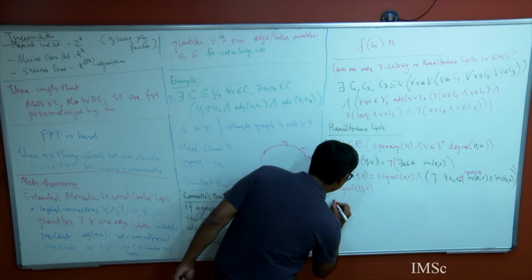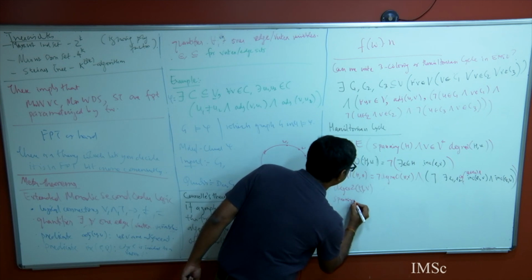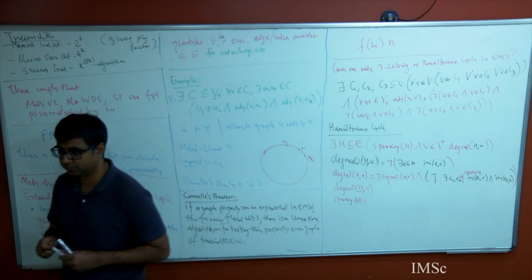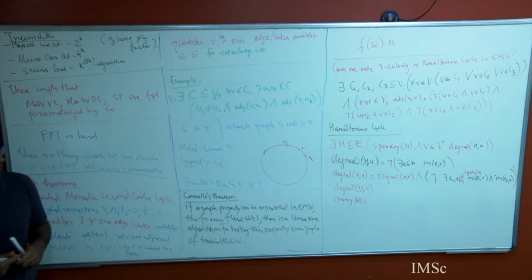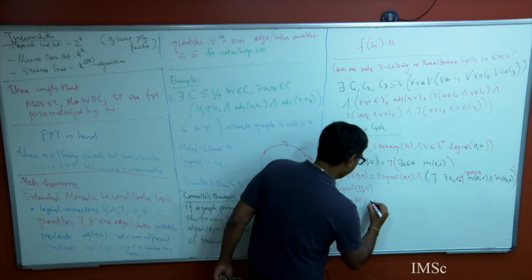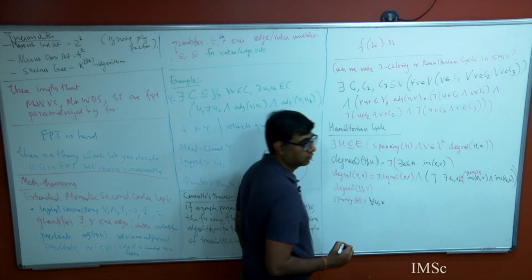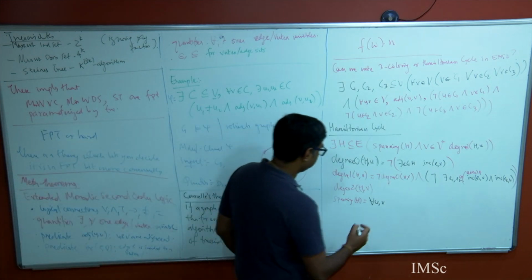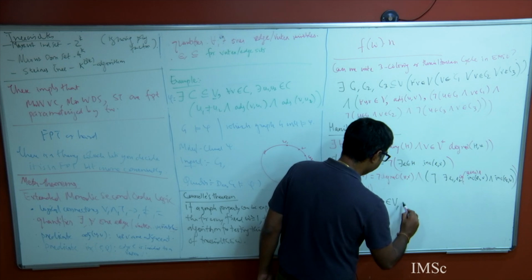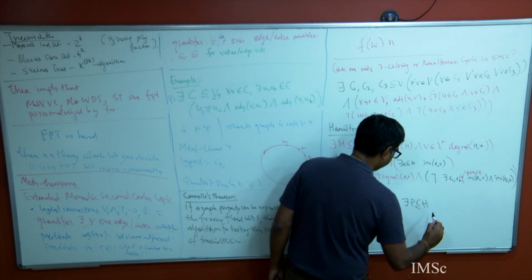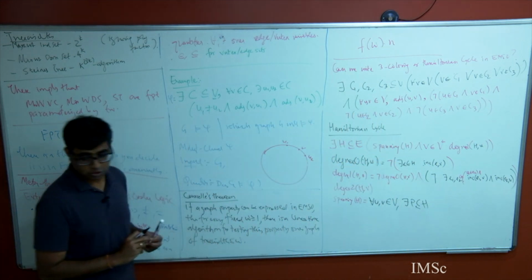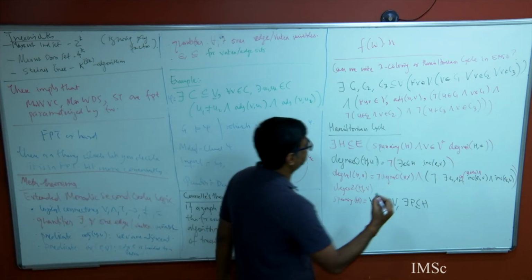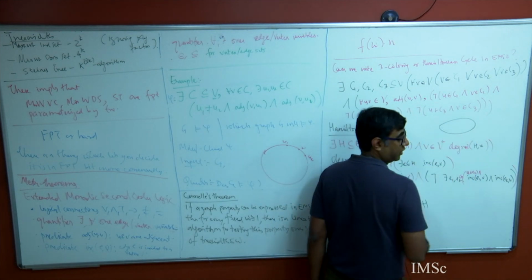Now, how will I write a spanning H? How do we write spanning of H? This is easy. For all U, V in V, there exists P subset of H. The way I'm thinking of it: suppose I had a cycle.